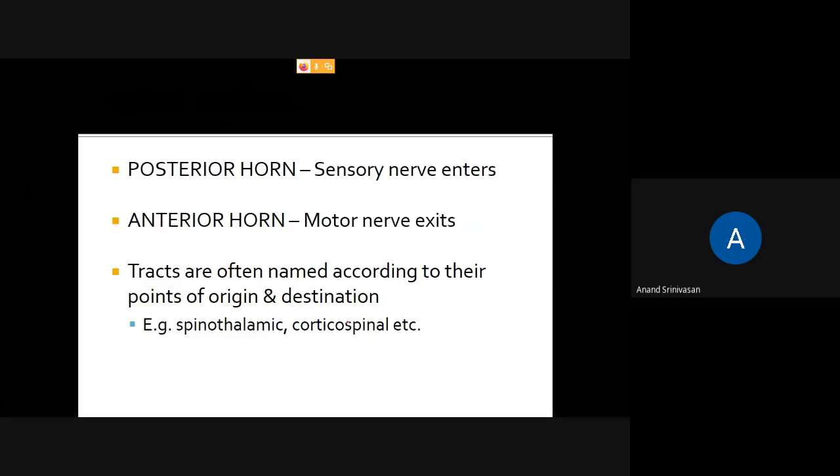The posterior horn or the dorsal horn receives sensory nerve fibers through the dorsal root. This we have seen, right? So they receive sensory nerves from the dorsal root, whereas the anterior horns give out the motor nerve. The motor nerve exits from this region.